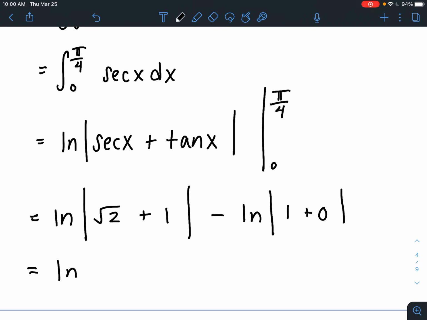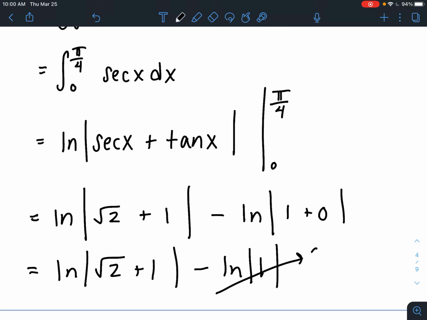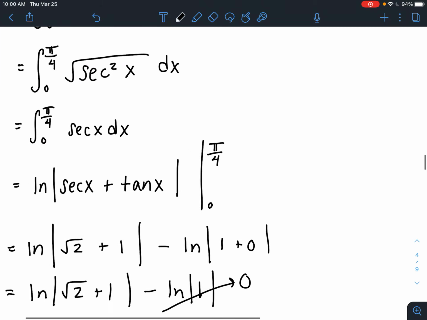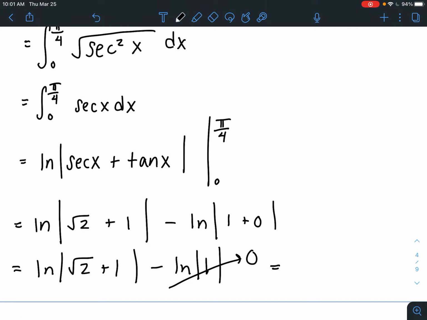So we get the natural log of the square root of 2 plus 1 minus the natural log of 1, and the natural log of 1 is really 0. So our final answer, the exact length of the curve here, is the natural log of the square root of 2 plus 1.